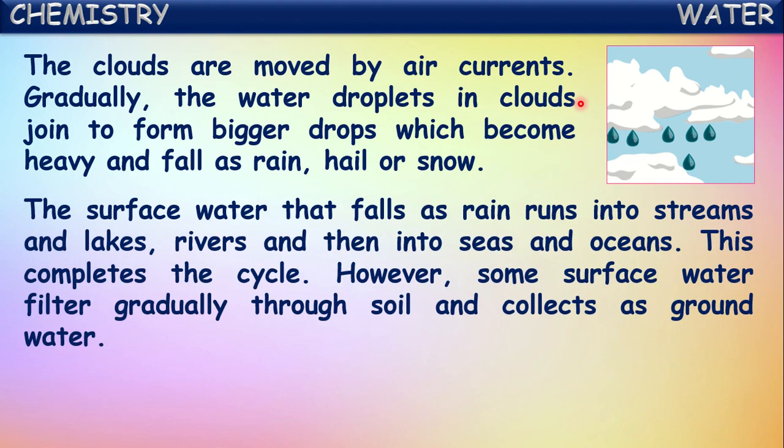The water that falls as rain runs into streams and lakes, rivers, and then into seas and oceans. So what's happening? By the rainfall, the water reaches the surface of the earth. The surface water slowly converts into small streams and reaches these lakes, rivers, and oceans.